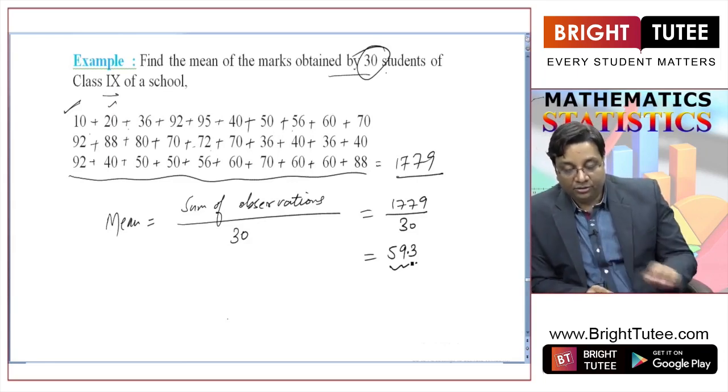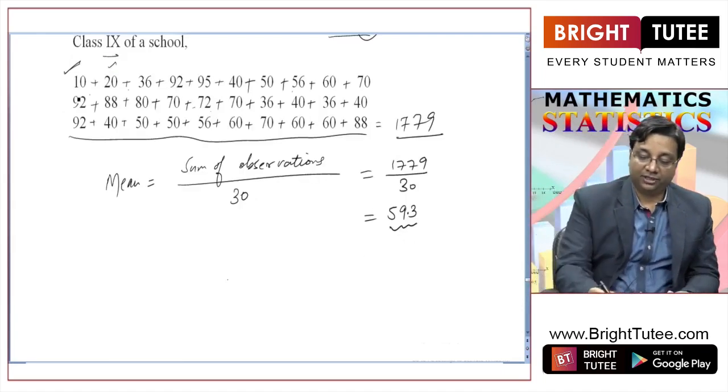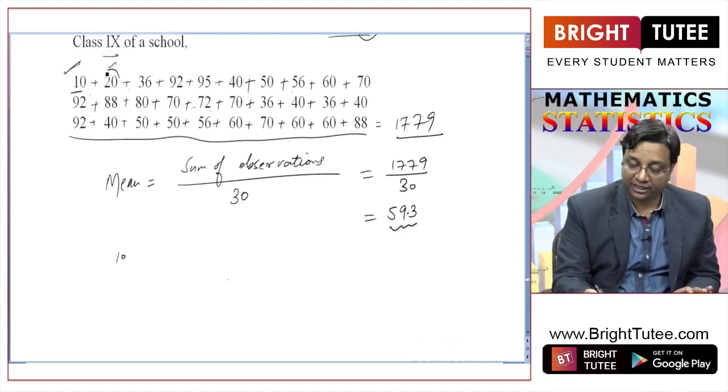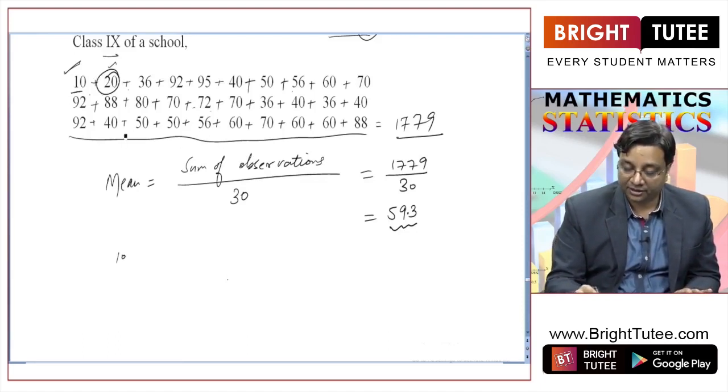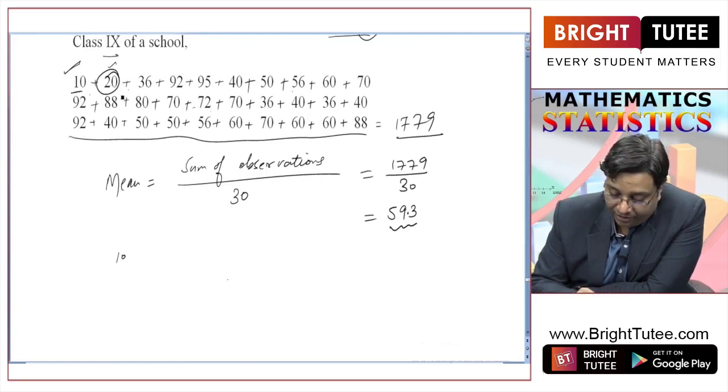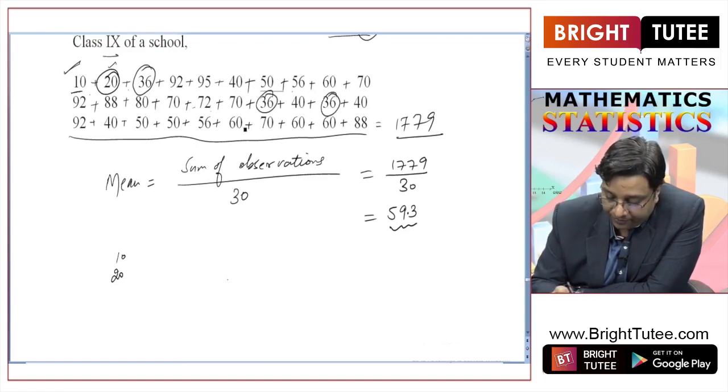Okay. Another way to do this sum was to calculate their frequencies. So 10 is written one time, so 10 will be there. 20 is written how many times? Or if I ask you in other terms, what is the frequency of 20? You see 20 is also written one time only, so you will add 20. Now 36 is written 1, 2, 3 times.